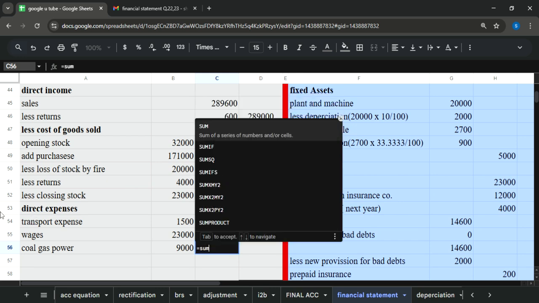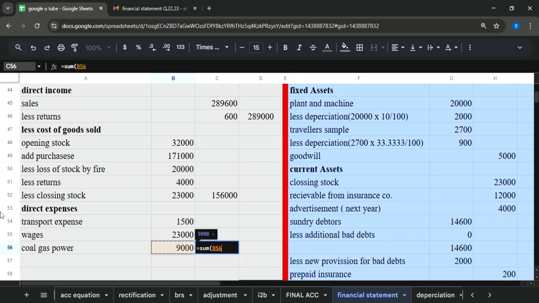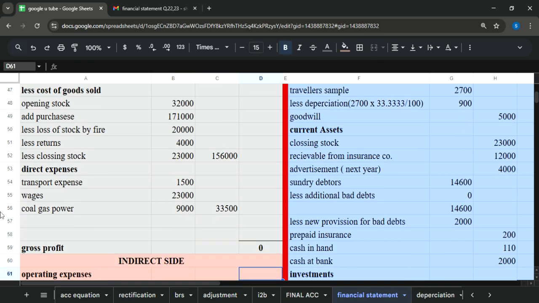Now you will take sum of direct expenses. Both are okay. So here is time to calculate cost of goods sold, final cost of goods sold, where initial part of cost of goods sold plus direct expenses.